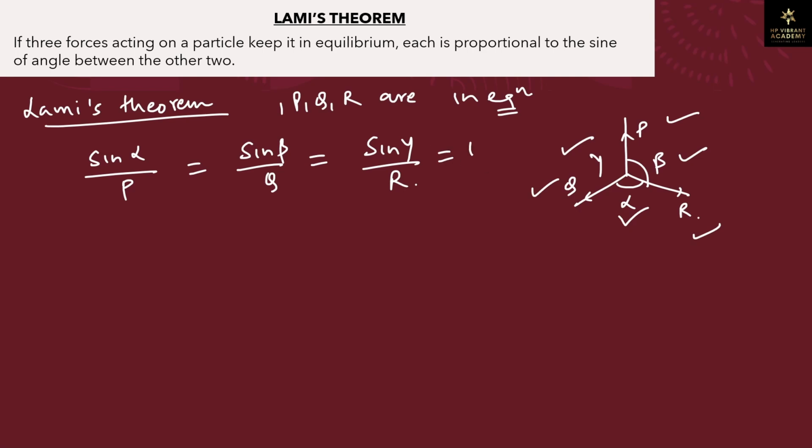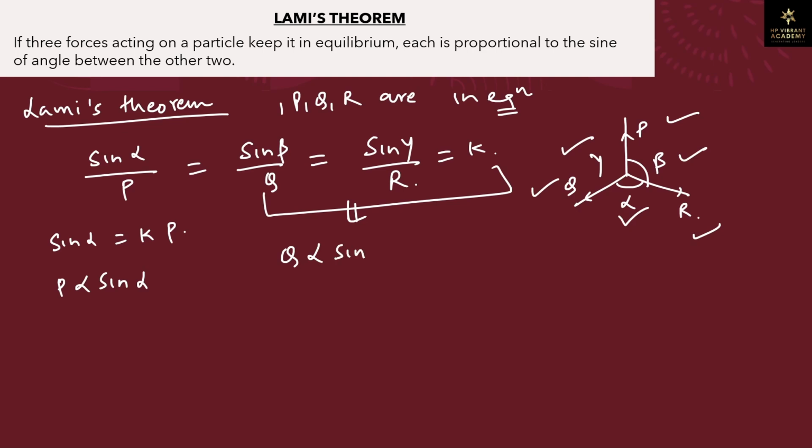Let us take this as K. Let us equate this. So sine alpha is equal to K times P. This means P is proportional to sine alpha. Similarly, Q is proportional to sine beta, and R is proportional to sine gamma.